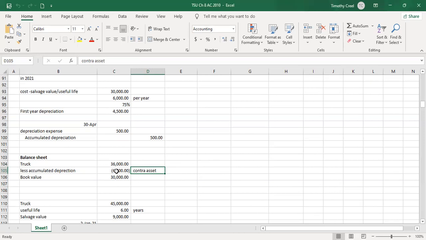So what this means is that we would have, in this case, accumulated depreciation of 6,000. Notice it has a balance just the opposite of the account it's related to, which is the truck. And again, the difference between the cost and the book value would be the contra asset in this case.